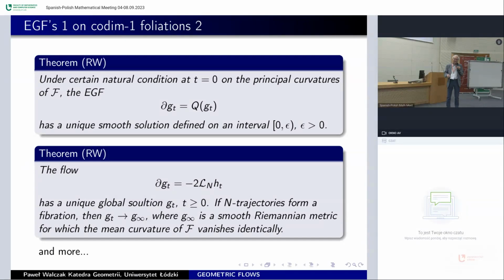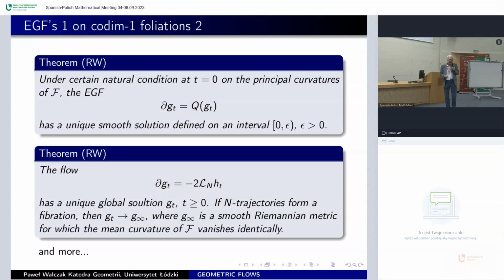here the derivative is written in a different way than in the first slide. But anyway, the extrinsic geometric flow is defined by the equation dgt over dt equal to q over gt, and it has a unique smooth solution defined locally in a neighborhood of 0.